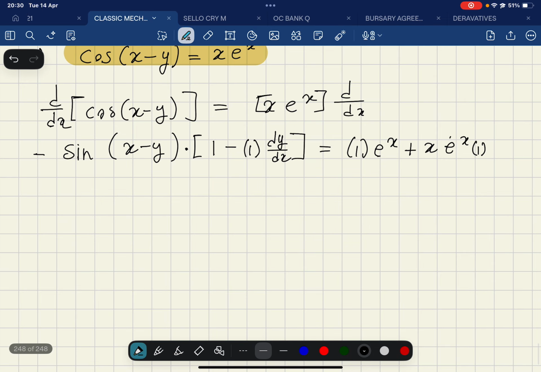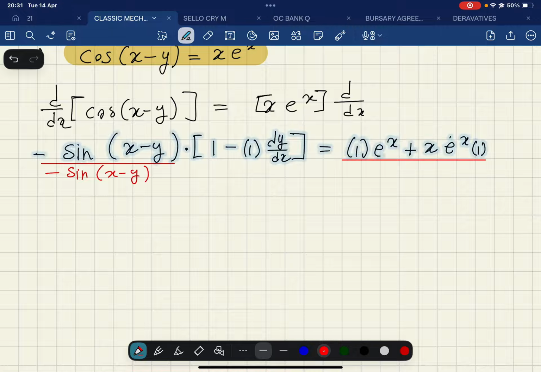Then from there, I could start multiplying my bracket, but there is no need. I can simply just divide by everything here. I divide by negative sine of x minus y.